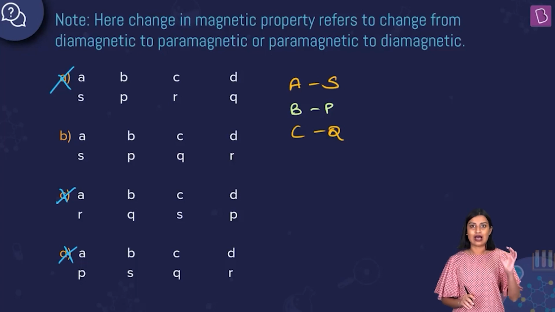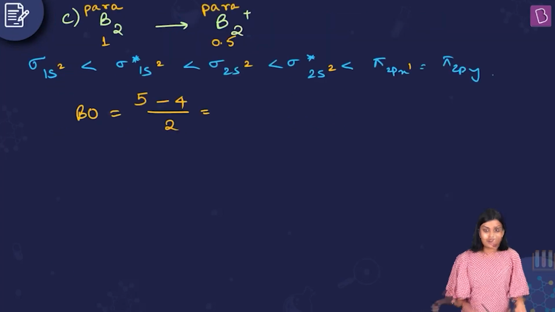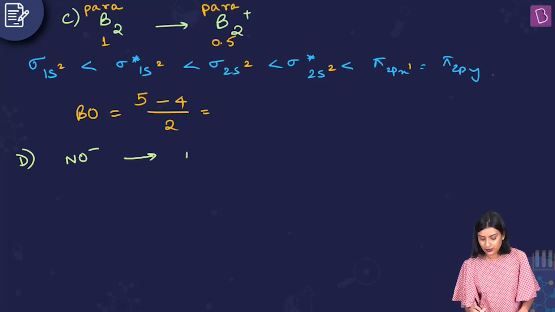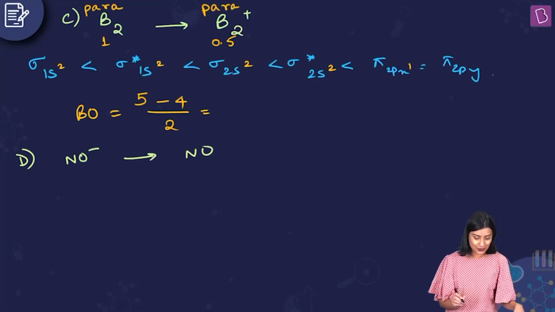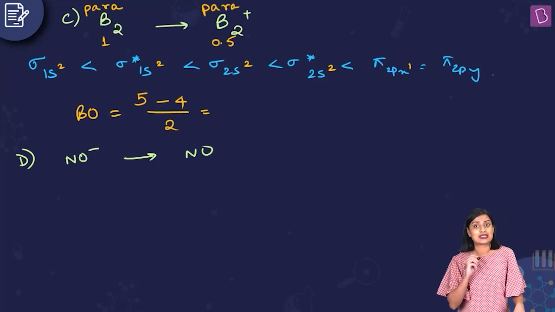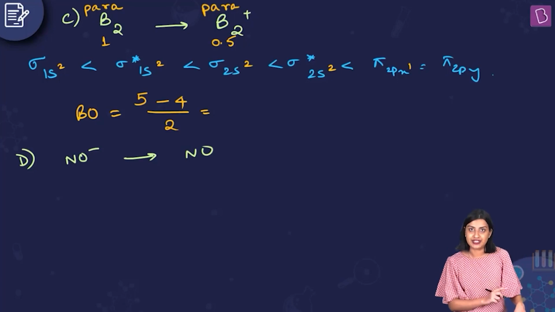But we need to check what is up with option D, and then we'll get back to the answer. We know already that the answer is option B, but still let's complete it. Finally we have option D, which is saying NO minus gives you NO. Initially you have 7 plus 8, 15 plus 1, 16 electrons, and finally with NO you have 15 electrons.